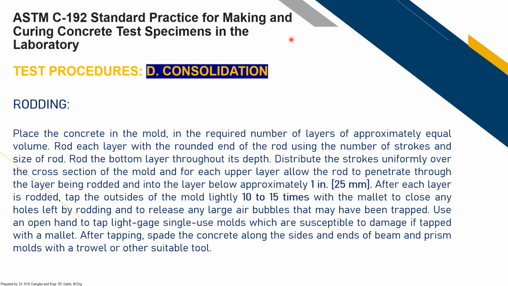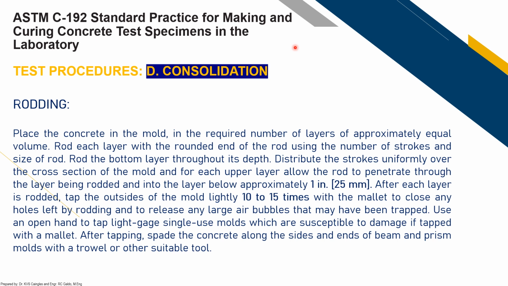For rodding, you place the concrete in the mold in the required number of layers of approximately equal volume. Rod each layer with the rounded end of the rod using the number of strokes and sizes of rod. Rod the bottom layer throughout its depth.